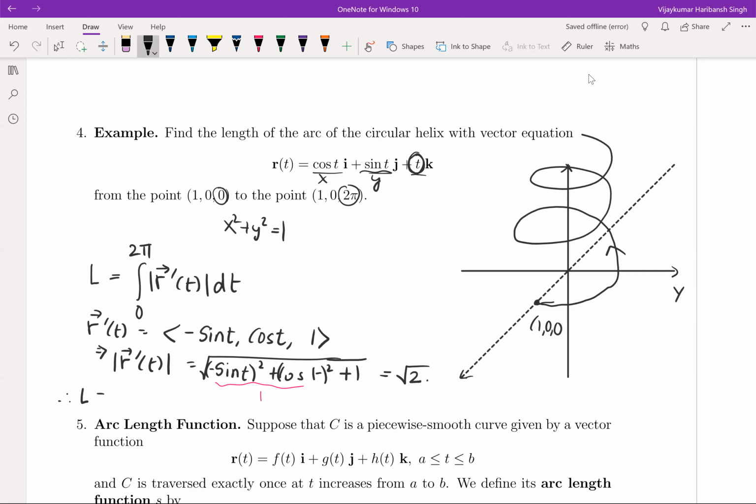Therefore, the length is going to be the integral from 0 to 2 pi of square root of 2 dt, which is square root of 2 times t from 0 to 2 pi, which is going to be 2 pi times square root of 2. So this is the length of the arc.